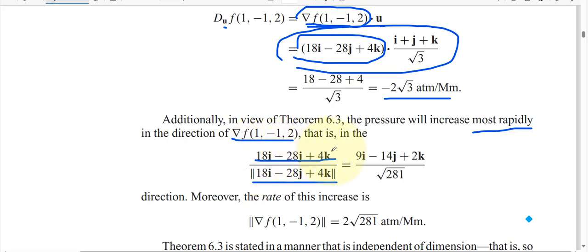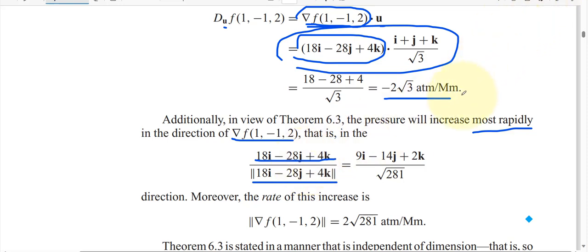So this direction is true. This is the direction of greatest ascent, but we can also divide it by a constant. It's still pointing in the same direction, and that's what we're doing here. When we divide it by this particular constant, the magnitude of this, we get a unit vector pointing in the direction of greatest ascent.